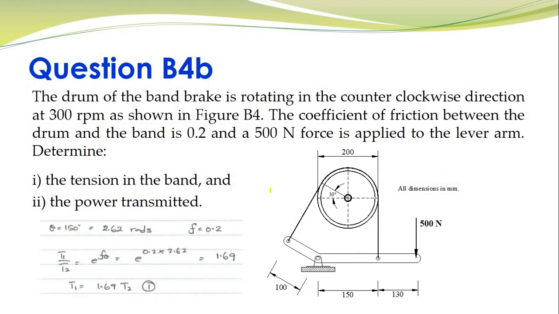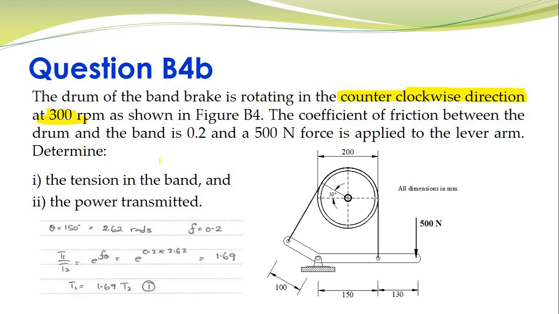Looking at question 4b, we have a band brake, and let's look at the information that is given to us. The first thing is that it is rotating in the counterclockwise direction. This is very important qualitative information that you need to look for. It is rotating at a speed of 300 revolutions per minute.